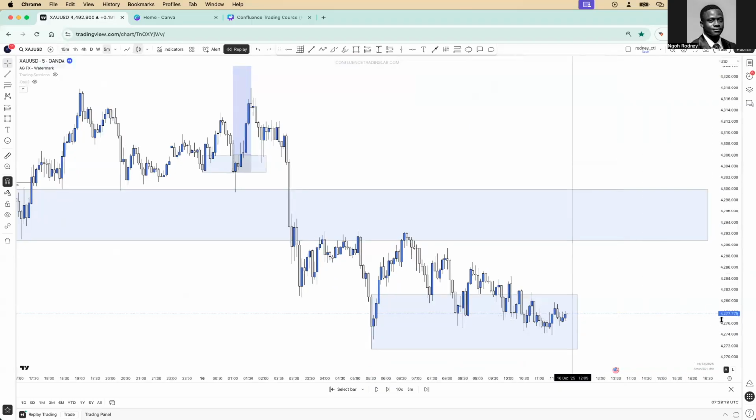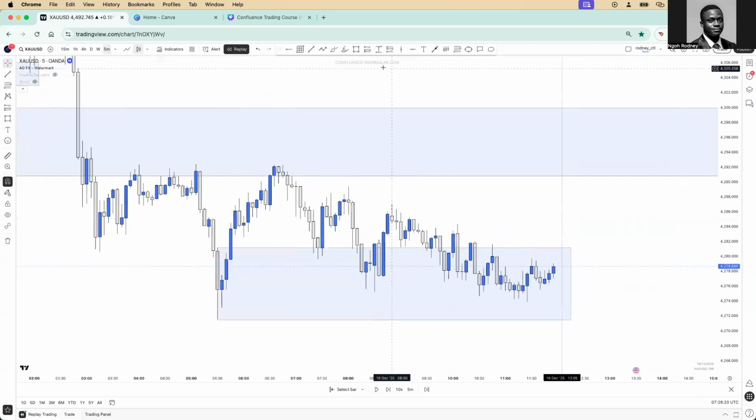So if you look here, this is an inducement here. This low here induces this low here. So if you look at it well, this low got taken out here. And then we have a move that broke above its highs. Again, with time, some of these things will be easier for you to spot, right?